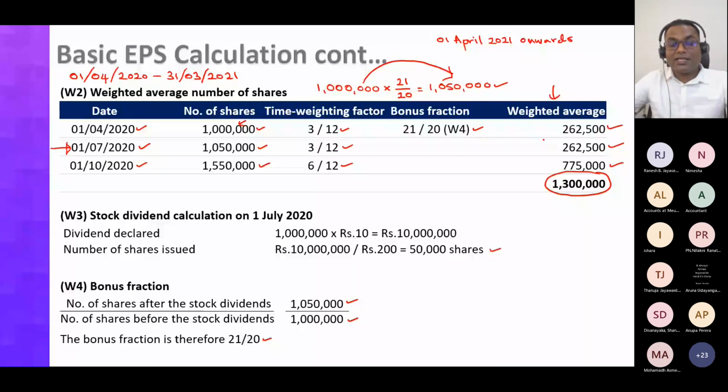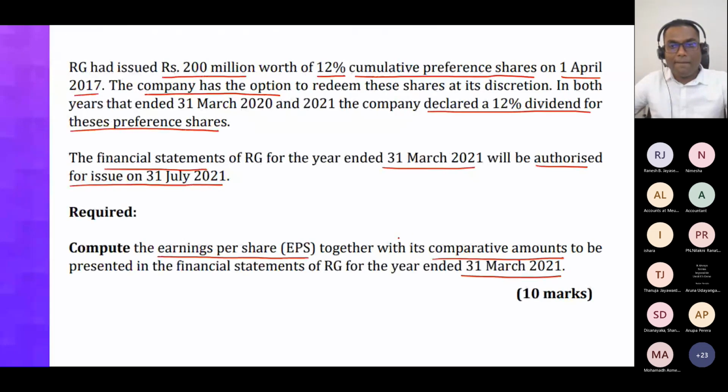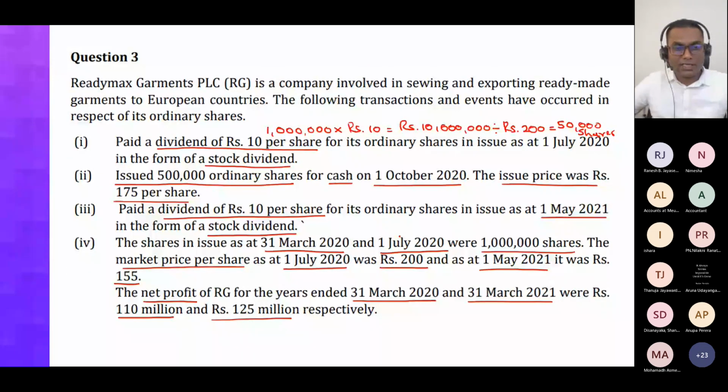Now for the next year, what has happened is, if I go back, here it was mentioned in Roman number 3 that you paid another 10 rupees per share by way of stock dividends as at 1st May 2021.